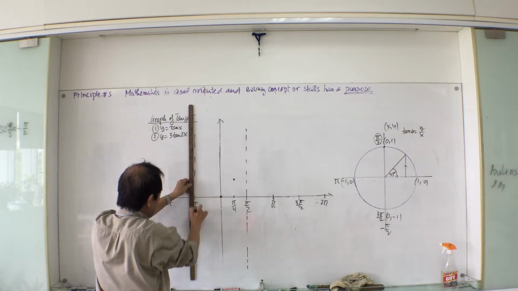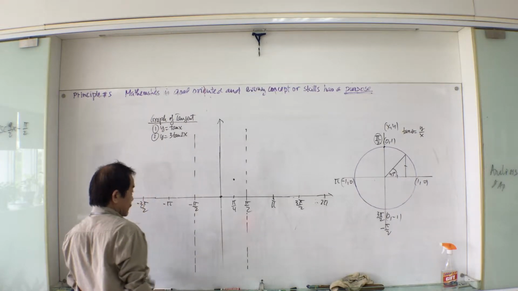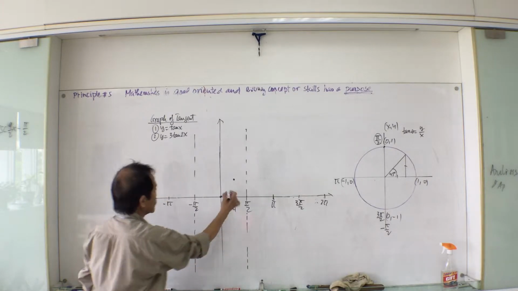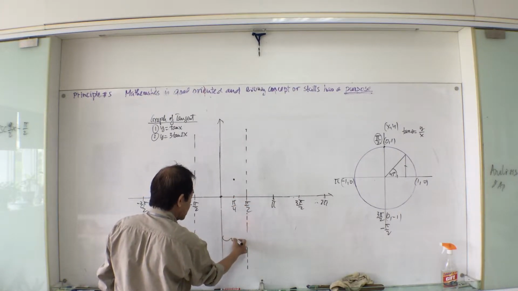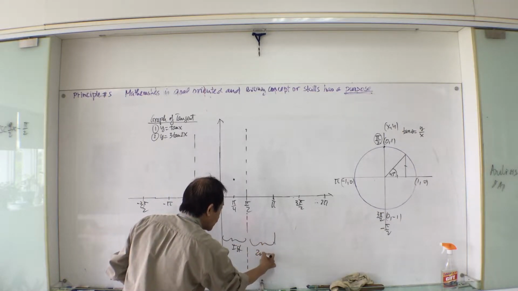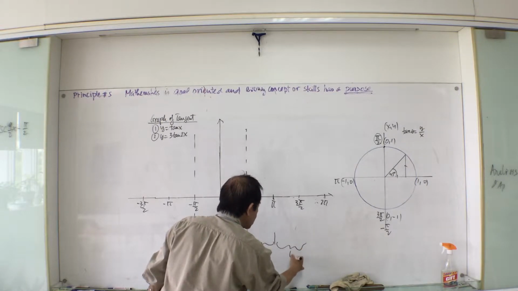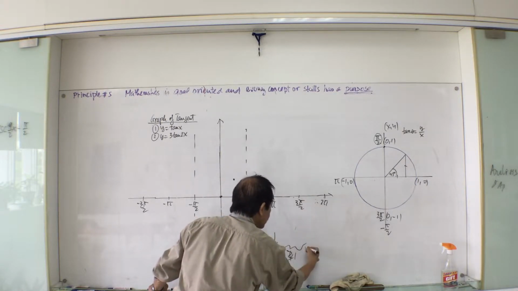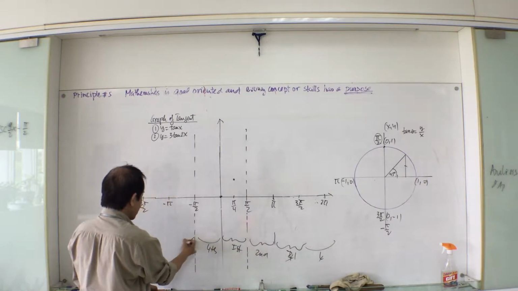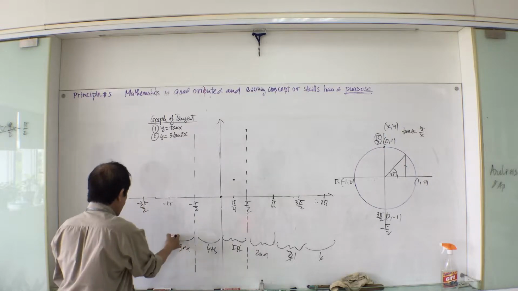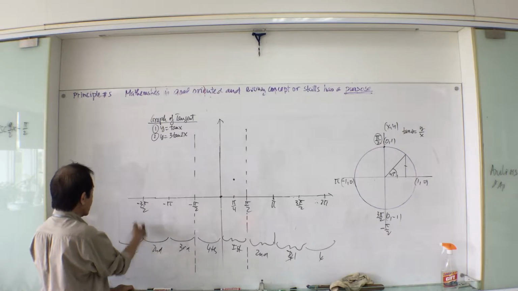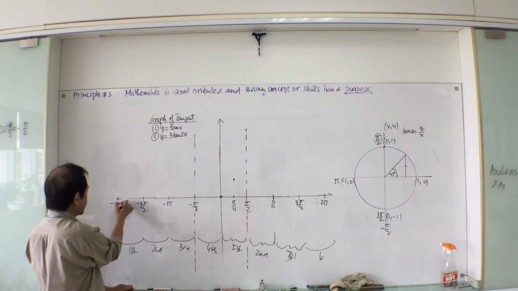This one has to be the first quadrant, this one the second quadrant, then the third, and the fourth. Going backwards, this is the fourth quadrant, from here to here the third quadrant, then the second, and going back from here to the first quadrant. So minus 2 pi.